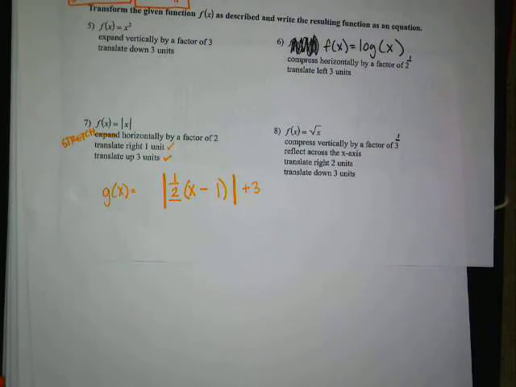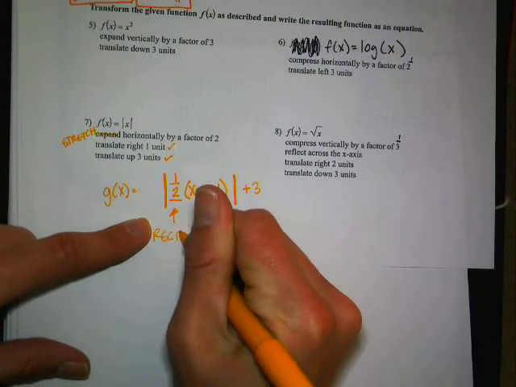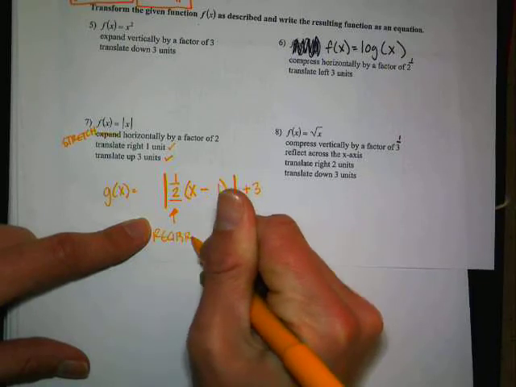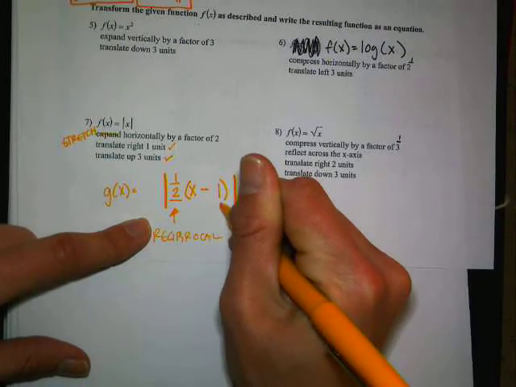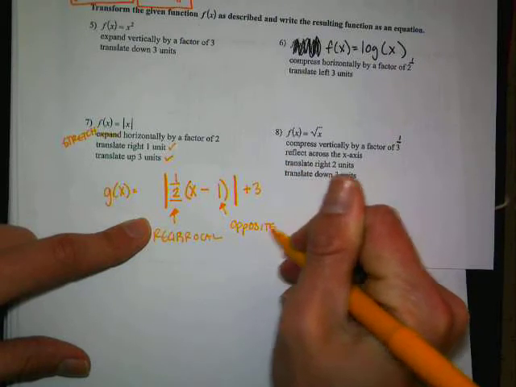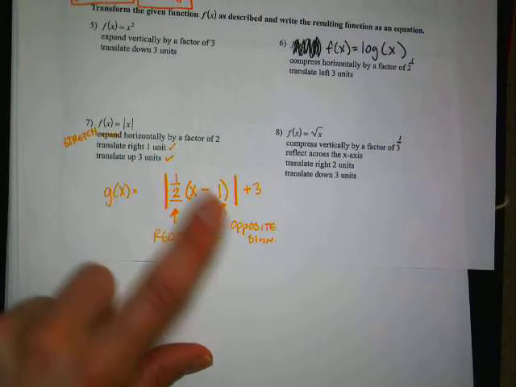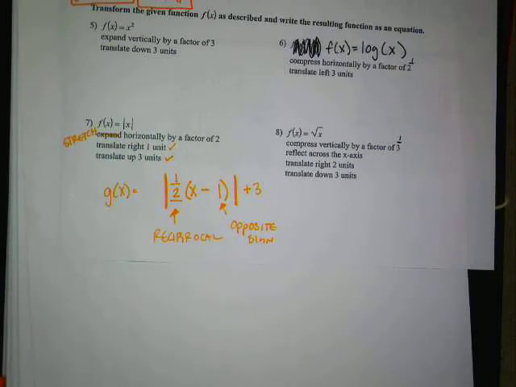So when you're putting stuff on the inside for horizontal translations, it's always going to be backwards in some way. If you're multiplying for this b value, you're talking about the reciprocal. And if you're talking about the c value, it's the opposite sign. So if you're going right, you really put a minus sign. If you're going left, you put a plus sign.